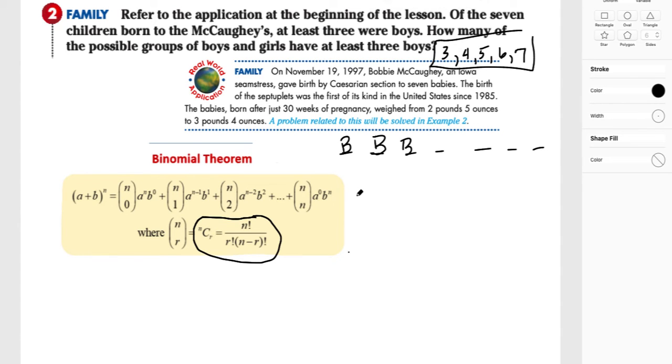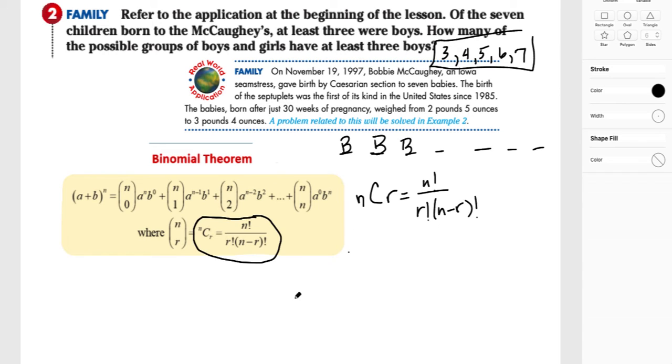So remember, N choose R is how I'm going to refer to this, or how many combinations of R we can have given N choices. And we would calculate that value by taking N factorial over R factorial times N minus R factorial.